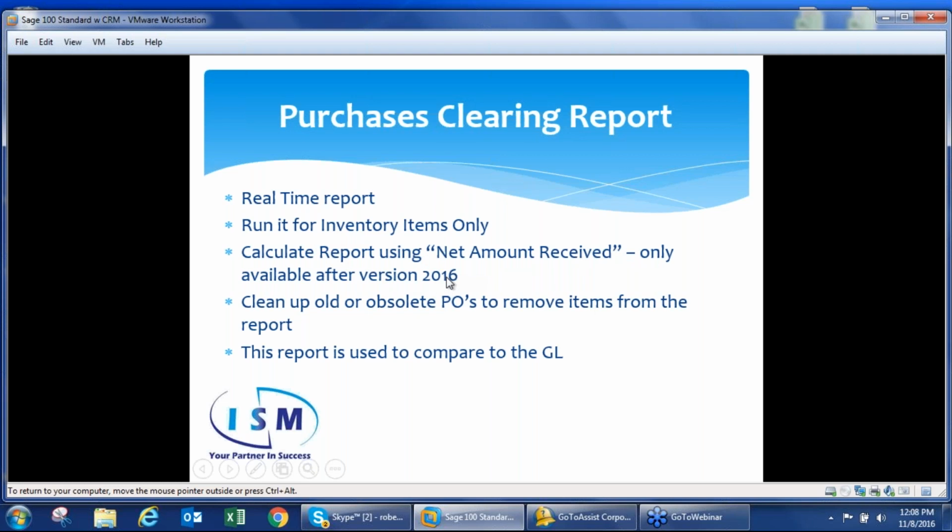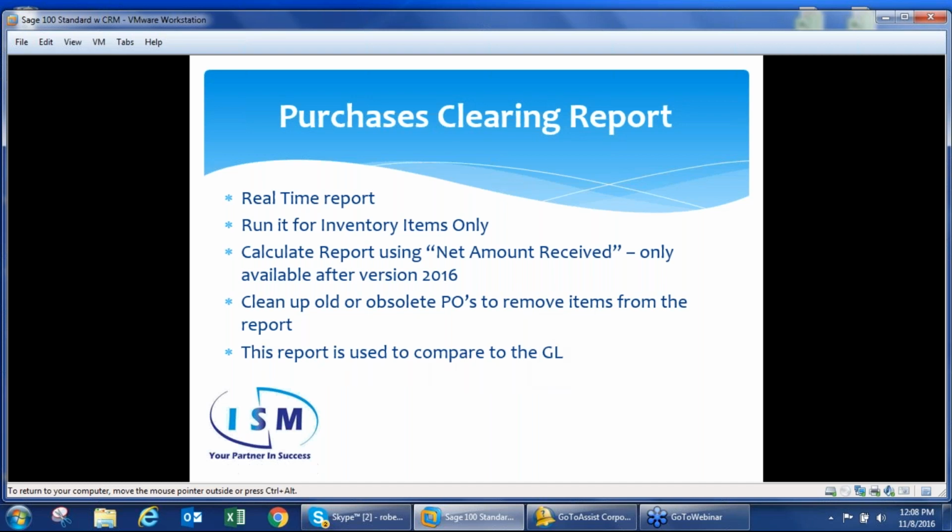If by chance your purchasing system has been neglected prior to reconciling using the report to the GL, you may need to clean up old or obsolete POs from the report. And finally, this report is used to compare to the GL.